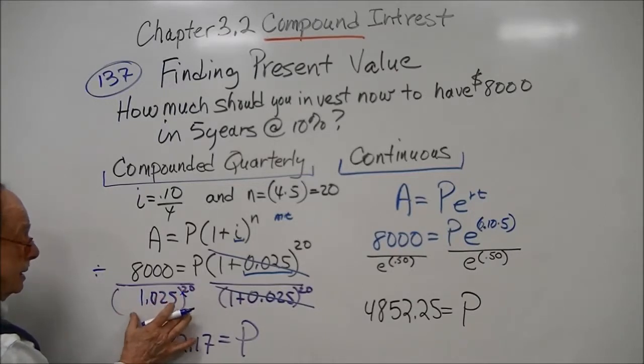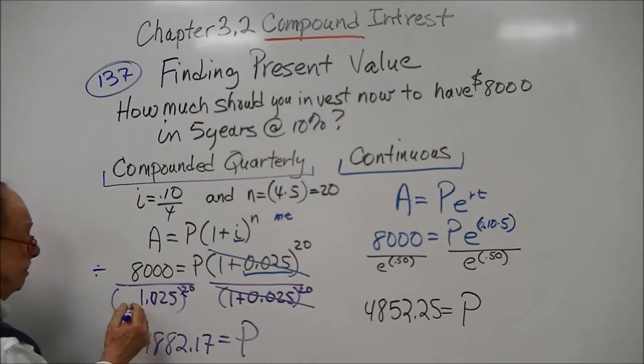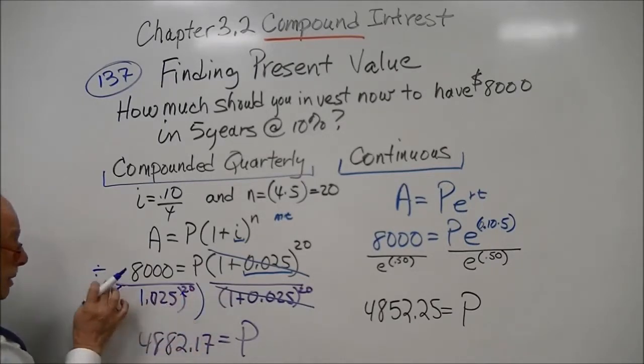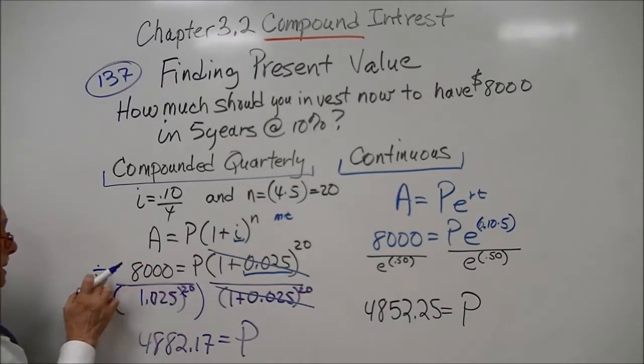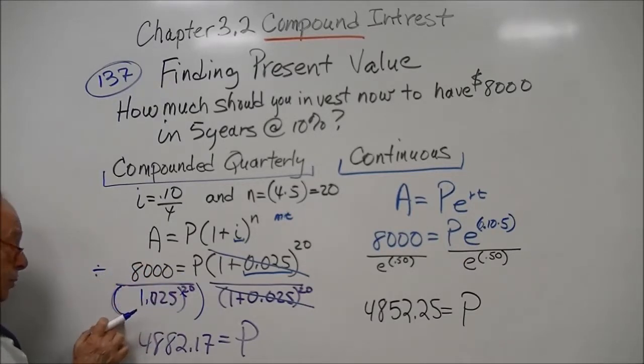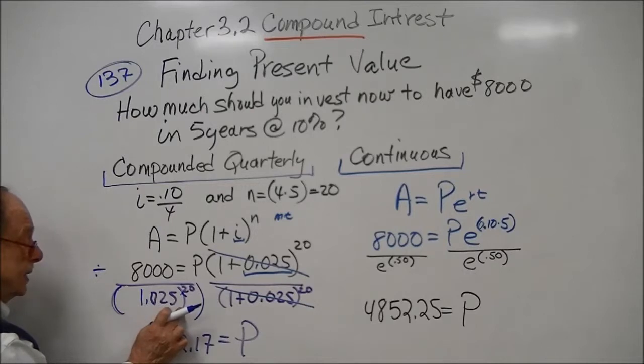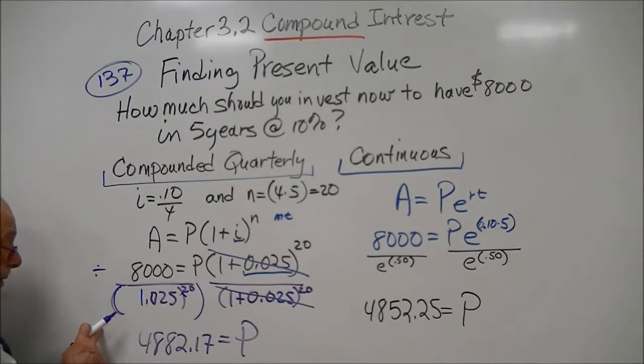And again, you have to put this, I believe, in parentheses. Once you go 8,000 divided by, put a parenthesis, put this here, put the caret sign, put 20, end of parentheses, hit enter, and this is the answer you get.